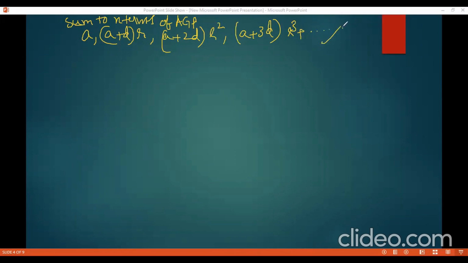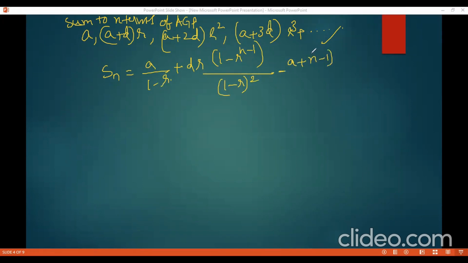The sum is given by Sn equals a by 1 minus r, plus dr into 1 minus r to the power of n minus 1, by 1 minus r whole squared, minus a plus n minus 1 times d, by 1 minus r, times r to the power of n. This is possible only when r is not equal to 1.